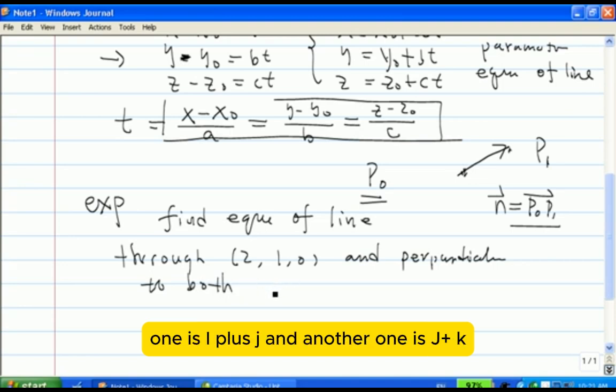One is i plus j, and another one is j plus k.